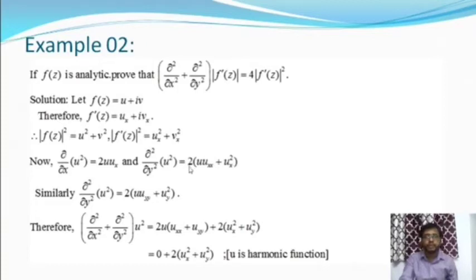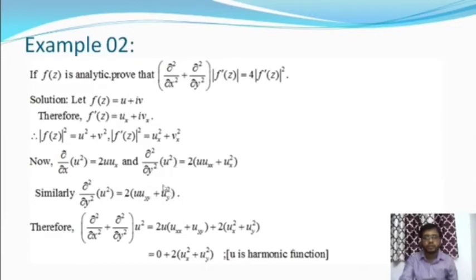Okay, so similarly we'll get the second differentiation with respect to y of u square, and it will be 2 into u u double y, where u double y is the second partial differentiation with respect to y, plus uy square.